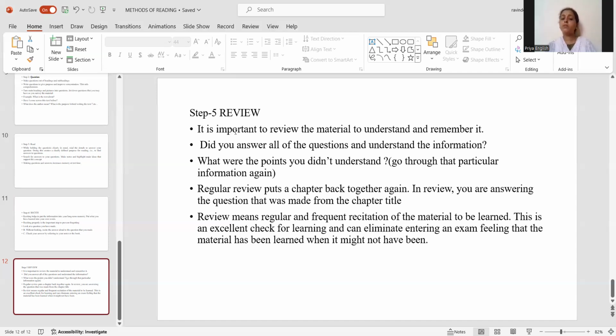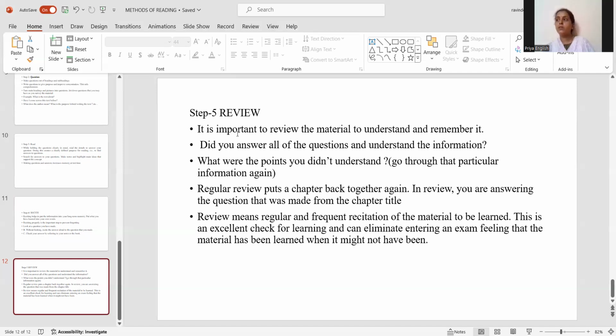Next, regular review puts a chapter back together again. In the review, you are answering the question that was made from the chapter title. As we discussed before reading, when we do the surveying, you're framing the question when you look at the headings and the title.